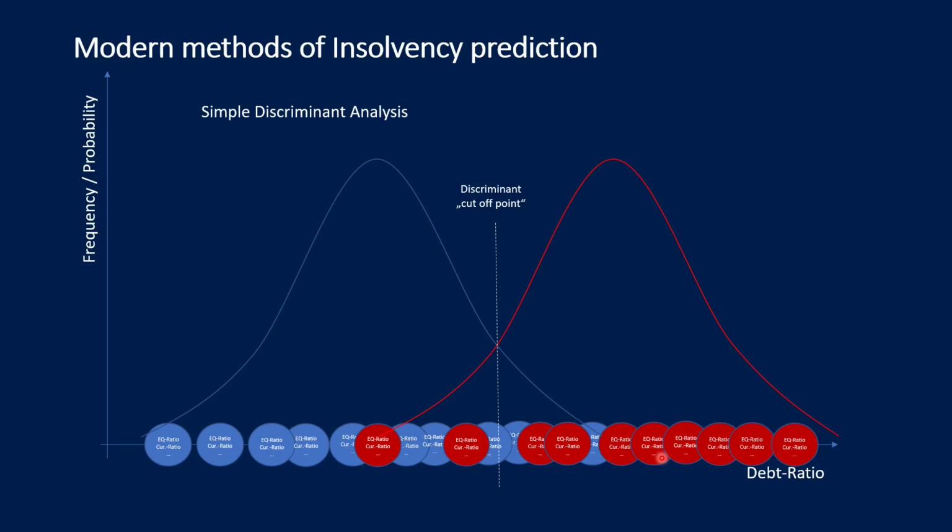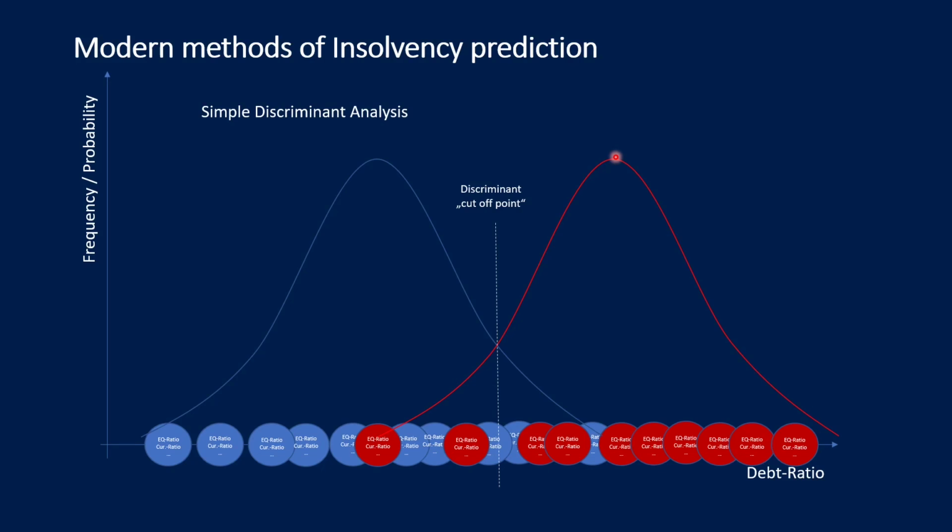If we now analyze the distribution of those that went bankrupt and those that did not go bankrupt, of course the distribution of the equity ratio in year 0 as a predictor for the bankruptcy, we see that we have a certain distance. The distance between the mean of those who did not go bankrupt and the mean of those who went bankrupt.